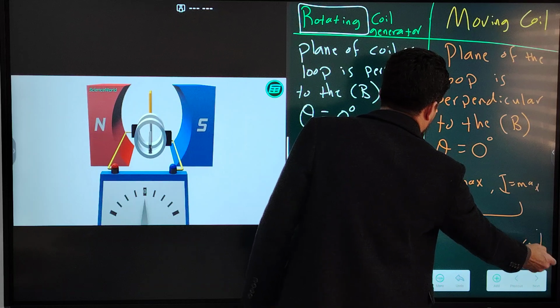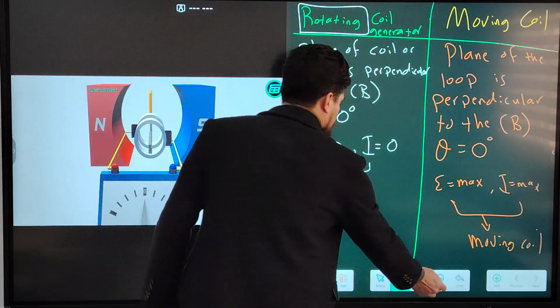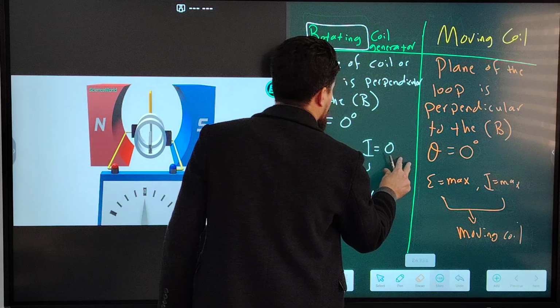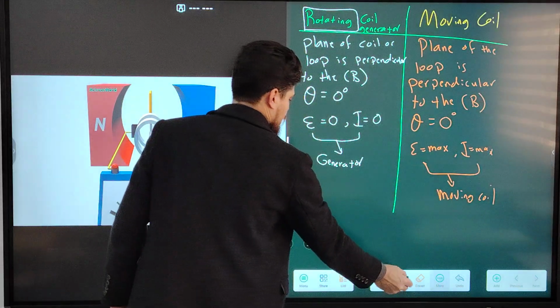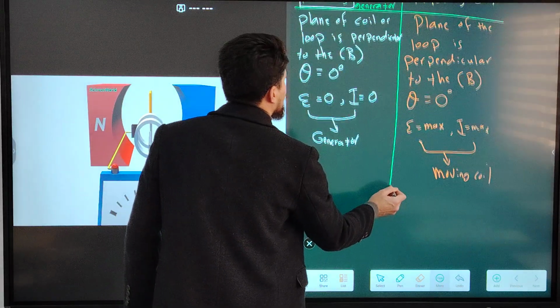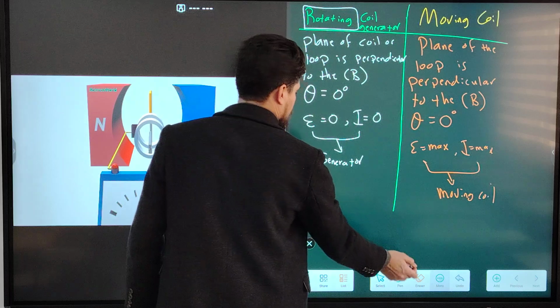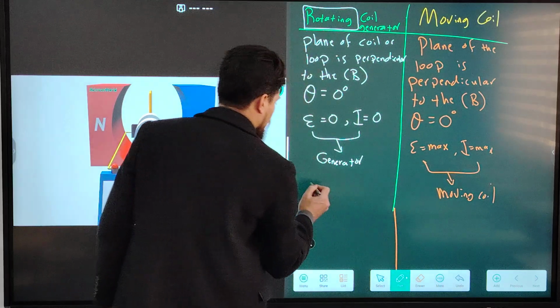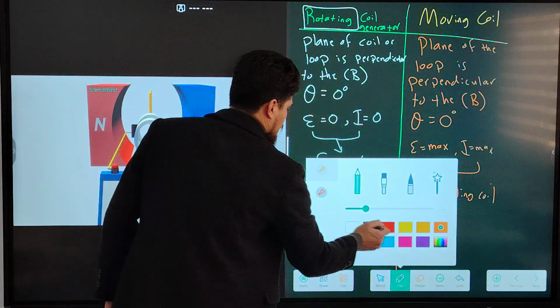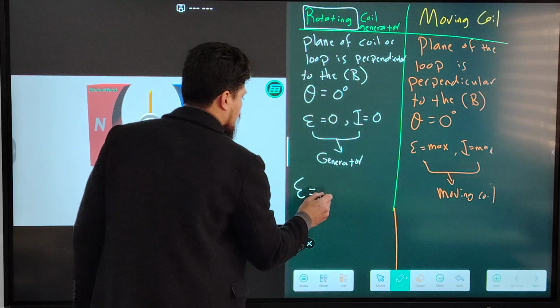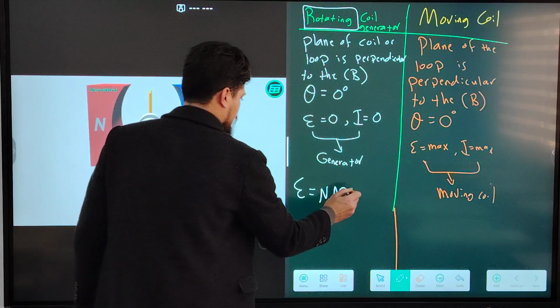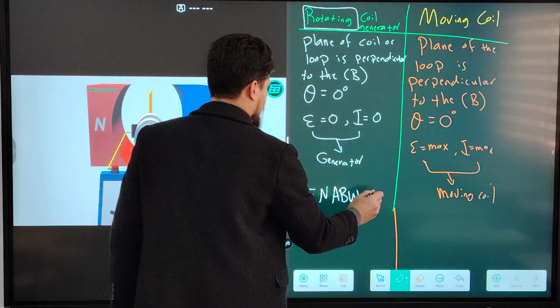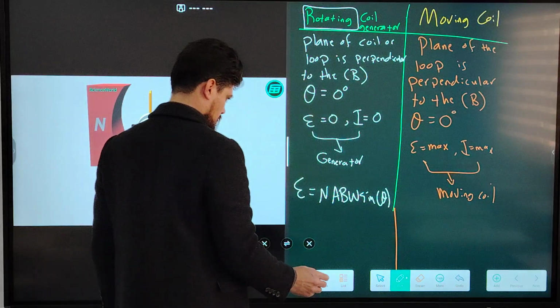Why? Because in a generator, the equation of induced EMF, EMF is equal to N A B omega sine theta.